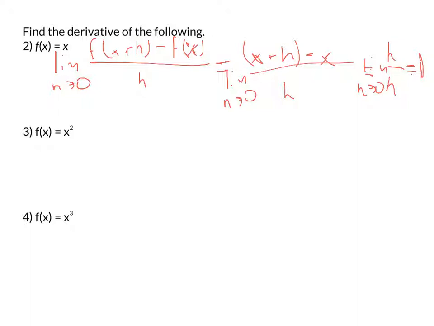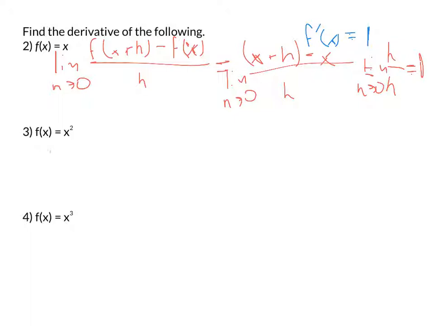So in this case, f prime of x is equal to 1. Let's look at number 3. Here we're doing the derivative of x squared.